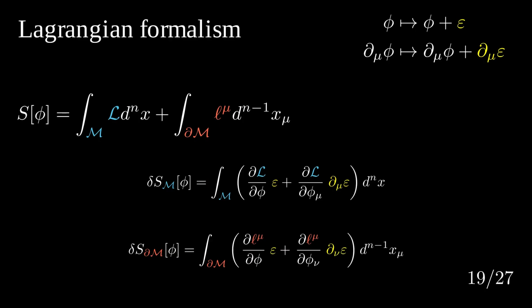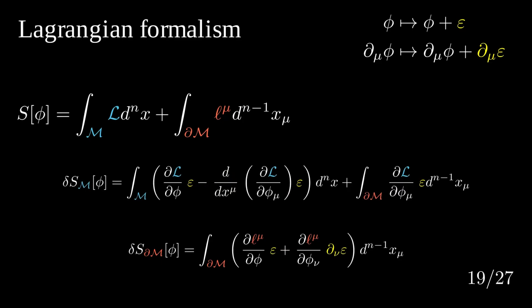The variation of the action in the bulk can be integrated by parts in the usual way, leading to the Euler-Lagrange equations of motion, and one boundary term that will contribute to the boundary in the future. However, the variation of the action on the boundary cannot be integrated by parts, because here we have velocities which are normal to the boundary, which cannot be integrated by parts.